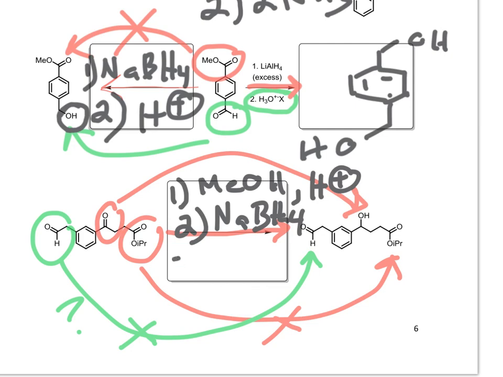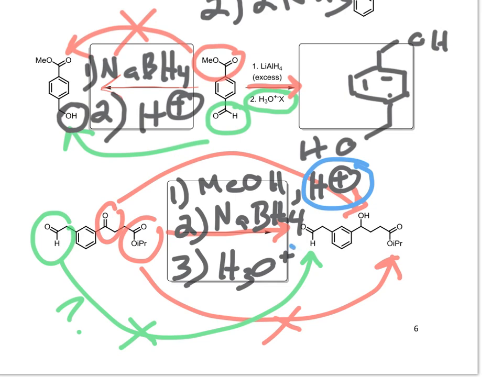And then we can treat this with H3O+. Note that I used H+ in the first step. I didn't use H3O+ there because we don't want water interfering with methanol converting the carbonyl to the acetal.